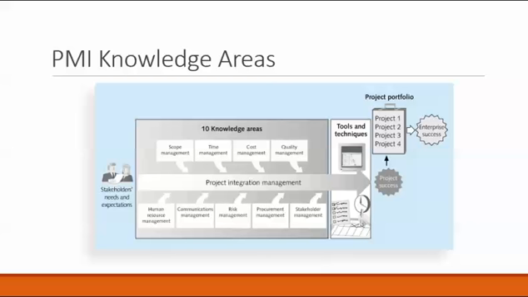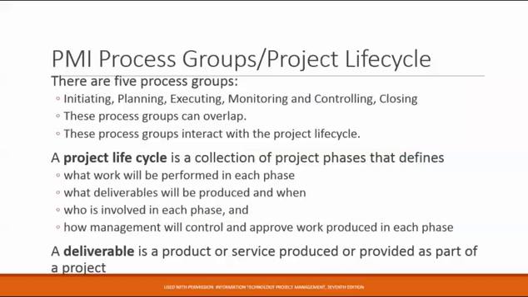So the PMI has 10 knowledge areas, and as you can see by this image here, what the 10 knowledge areas are. One of the things that we find is that these 10 knowledge areas overlap over what are called 5 process groups.